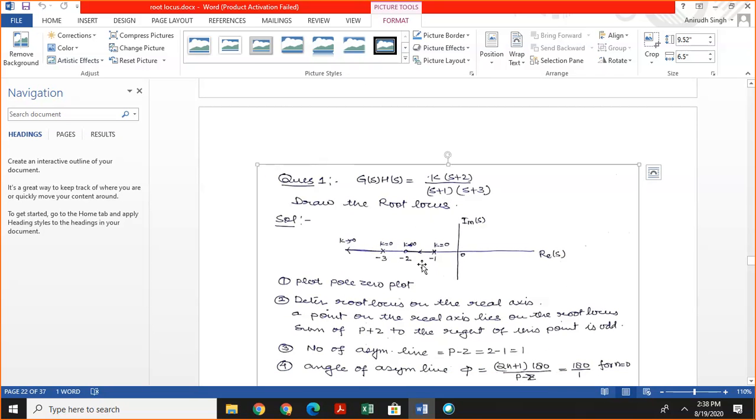The root locus starts from a pole and ends at the open loop zero with k equal to infinity. And this branch starts from k equal to 0 from this pole and ends at infinity with k equal to infinity.